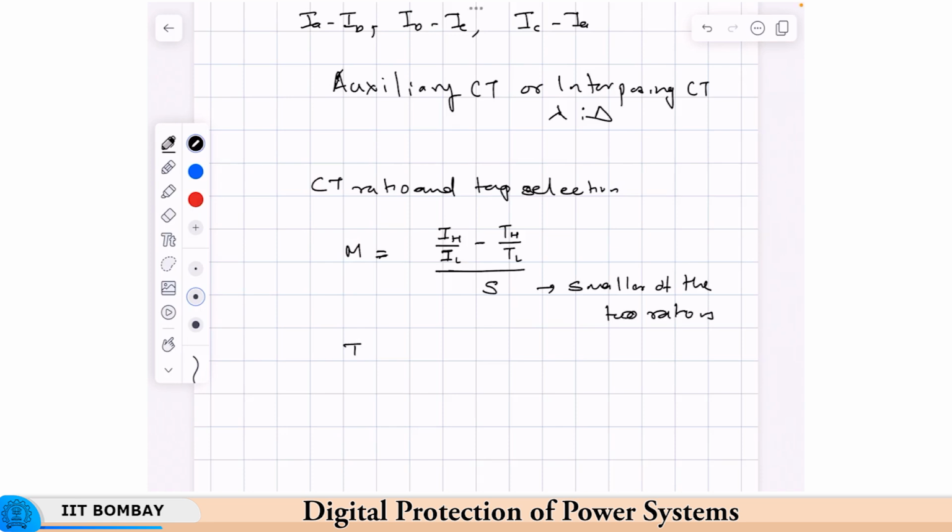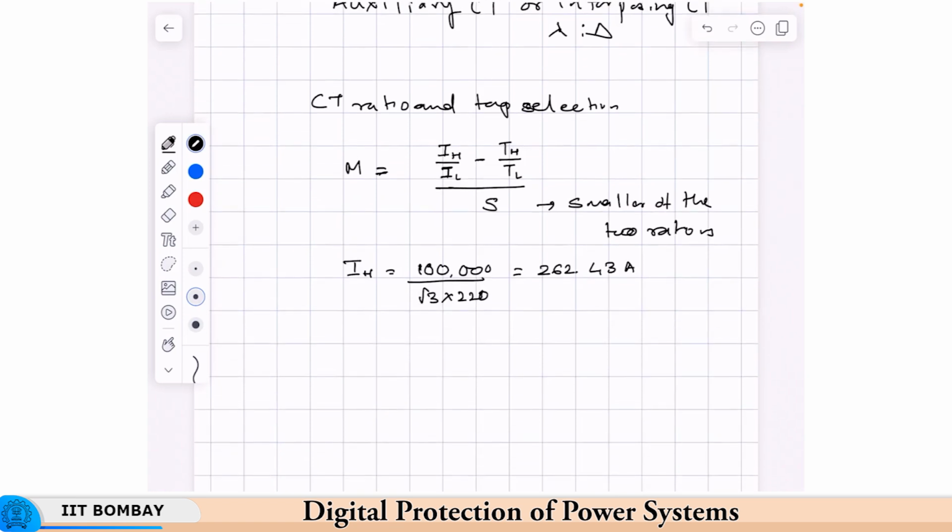Now what is IH? 100 MVA divided by root 3 into 220 kV. This gives me, I just worked it out, 262.43 amperes. Since it is 262.43 amperes and we want to select a CT with ratio as close to this, including 10% overlap and all that, let us choose a 300 by 5 CT.